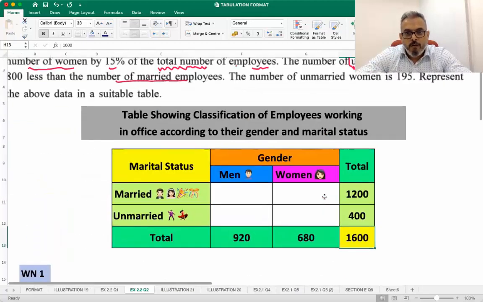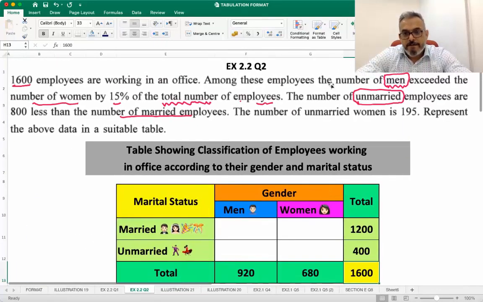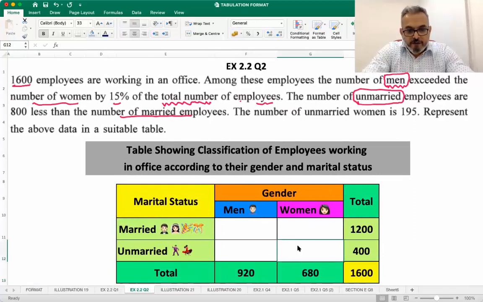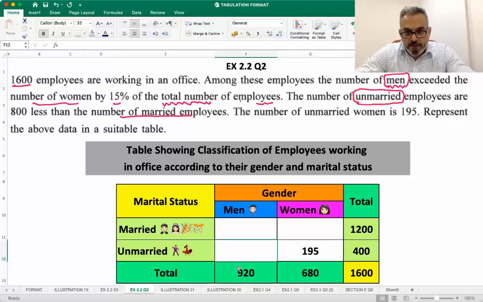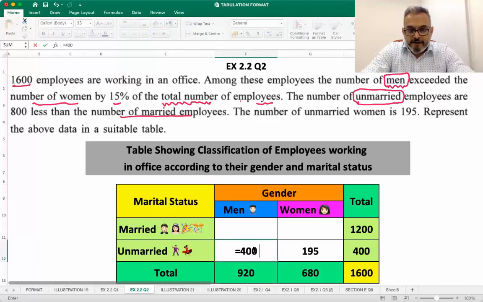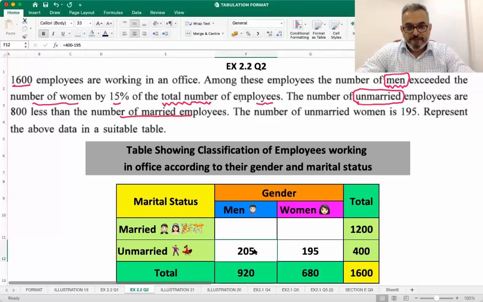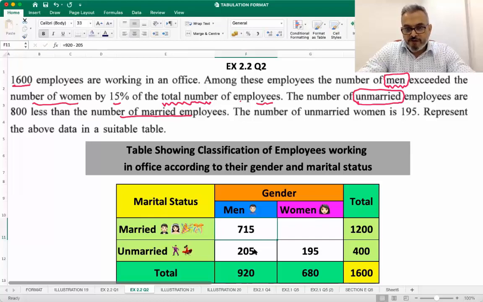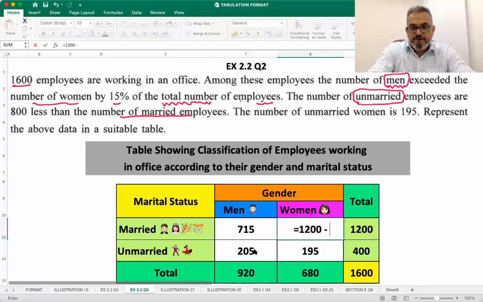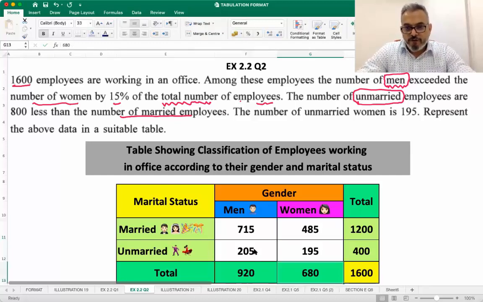Now, what else information is given? The number of unmarried women, 195 unmarried women. So now these three missing values, let's find out. 400 minus 195, which is equal to 205. 920 minus 205, which is equal to 715, and 1200 minus 715, which is equal to 485.